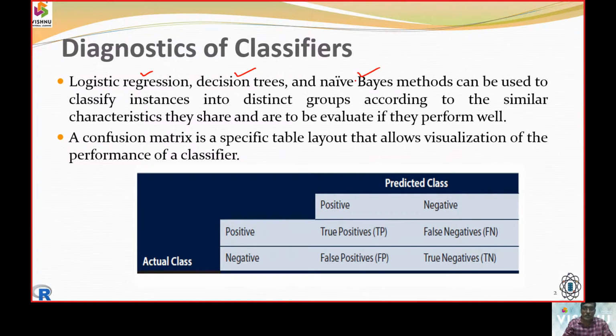So we classified the instances, grouping them based on their similar characteristics. Now, how do we justify that a classifier has done better?